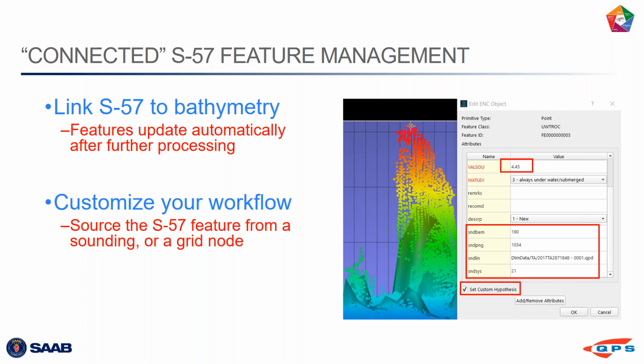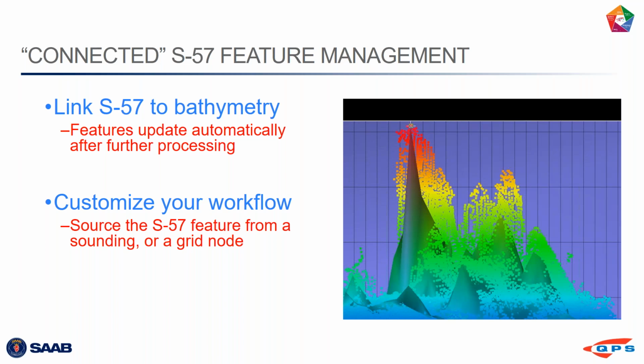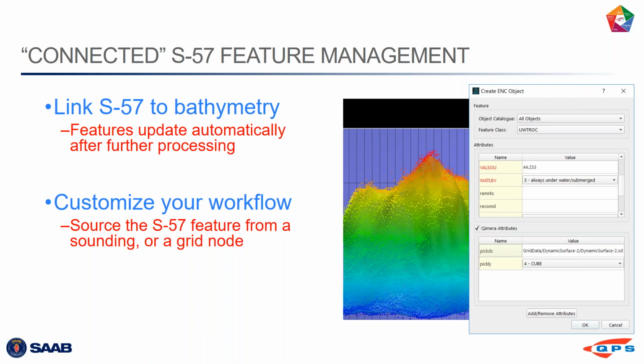And so in this manner, we have sounding, feature, and grid all in agreement, and any processing is going to update all three and make sure they stay in agreement. So that's real nice. Alternatively, there's the grid just snapping up to the feature there. Alternatively, if you had this situation where we're in 44 meters of water, this is a rock, you could make the argument it's not necessary to go in there and create a feature from the least depth.